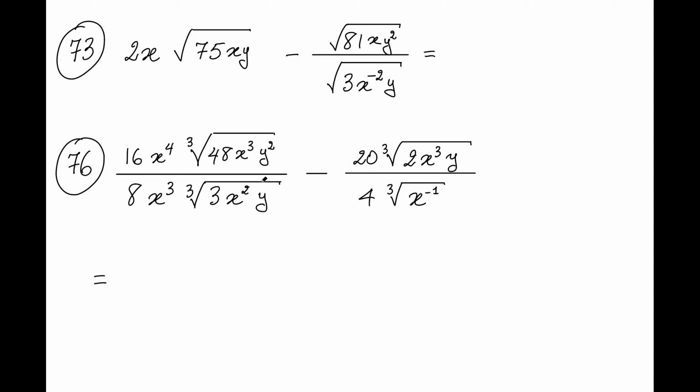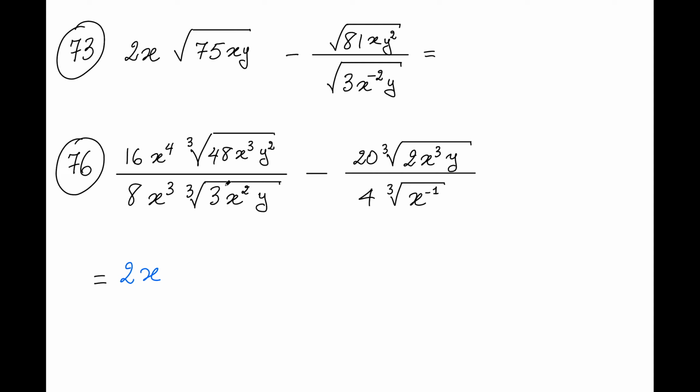Okay, so how can we handle 76? Take a look. Please pause it and try it on your own, and then run the video. It would be best to do so. I'm going to simplify 16 and 8. If I simplify 16 and 8, I get 2 upstairs. If I simplify x⁴ with x cubed, I get x upstairs.